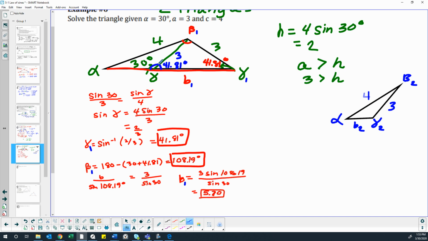In a straight line like this, called a linear pair, the angles add up to 180. So this angle right here can be found by going 180 minus 41.81. That is how we find our second gamma.